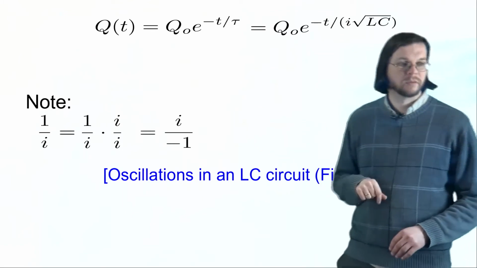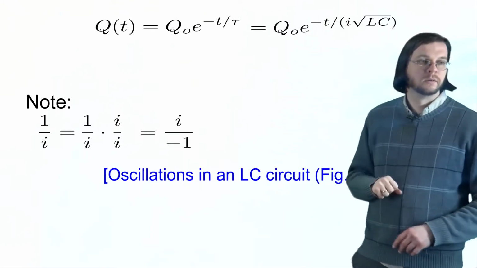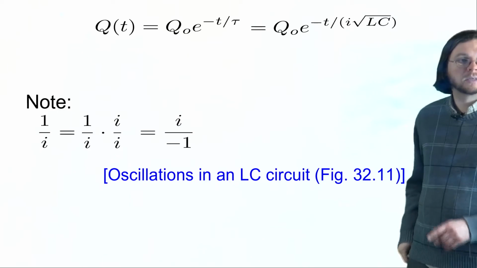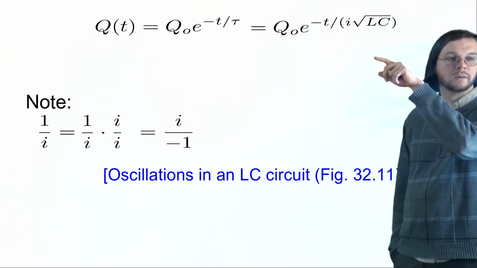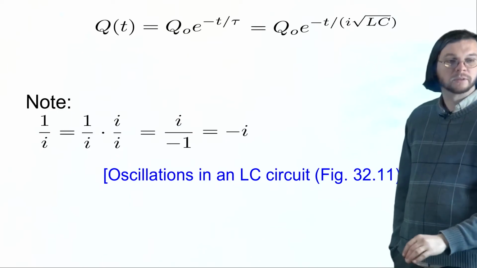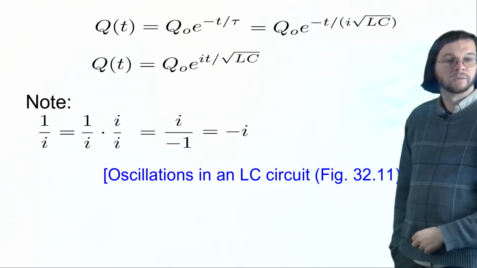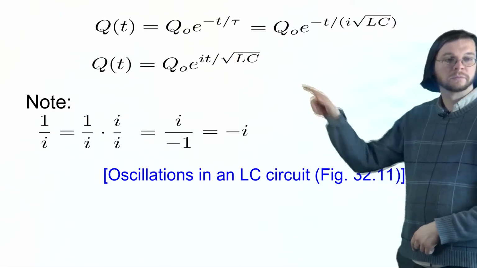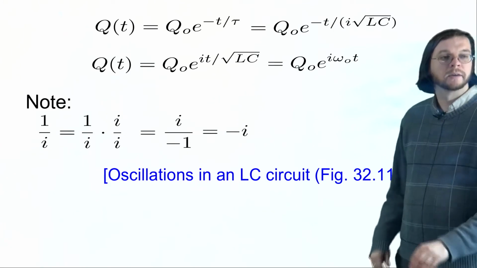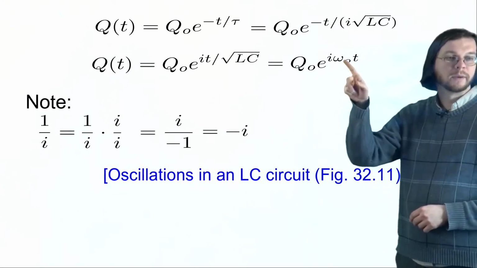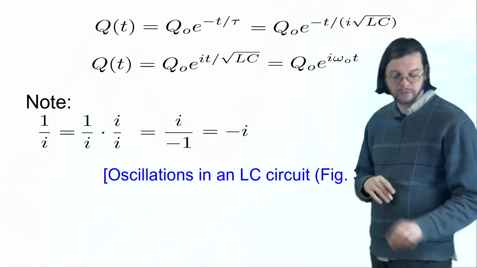And on the top, we still have i. So this thing we can rewrite as e to the i t over the square root of LC, basically. That's what we get. You can also write this as e to the i omega 0 t, where omega 0 is 1 over the square root of LC.